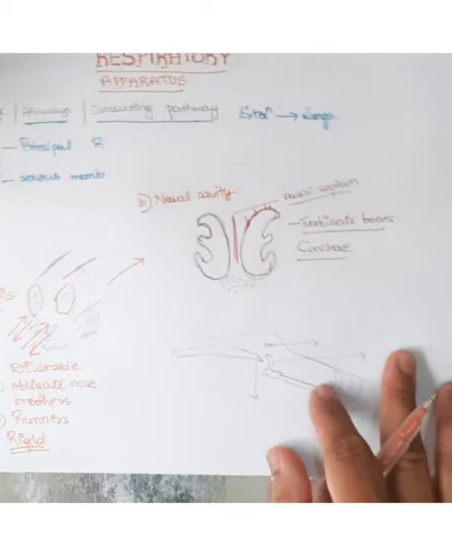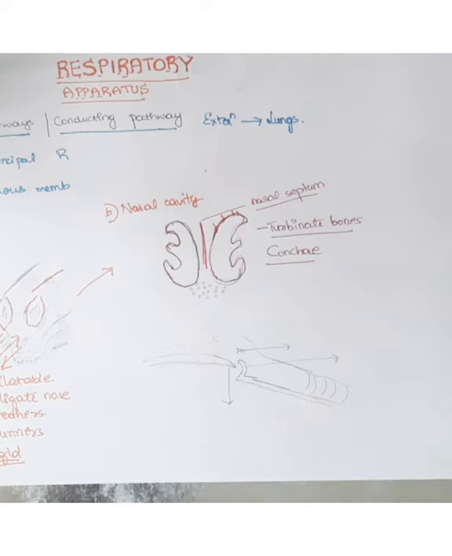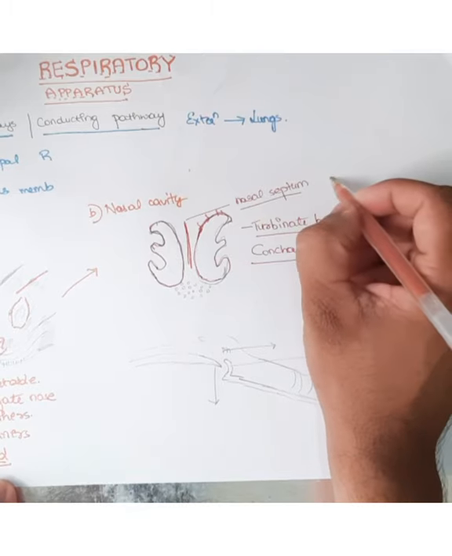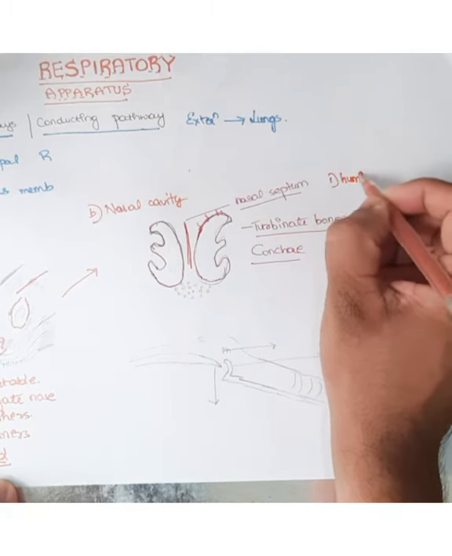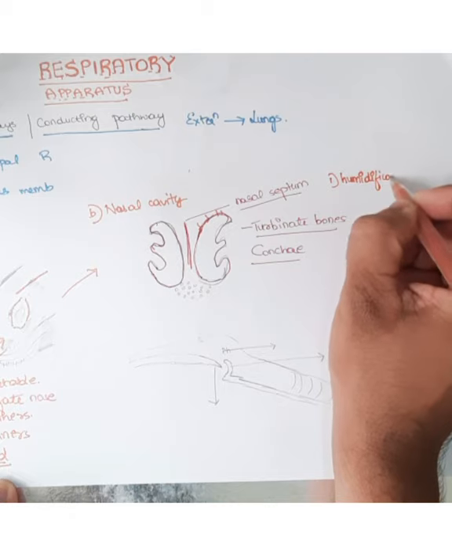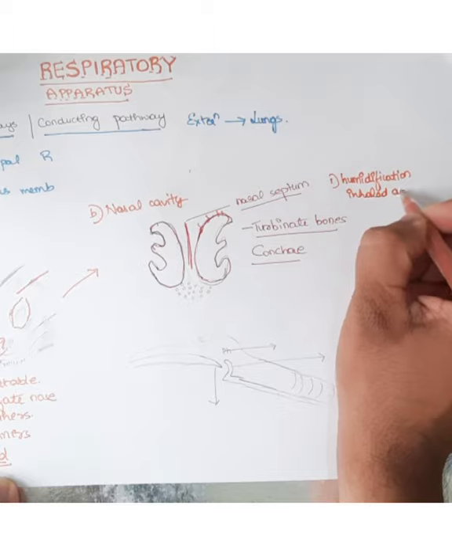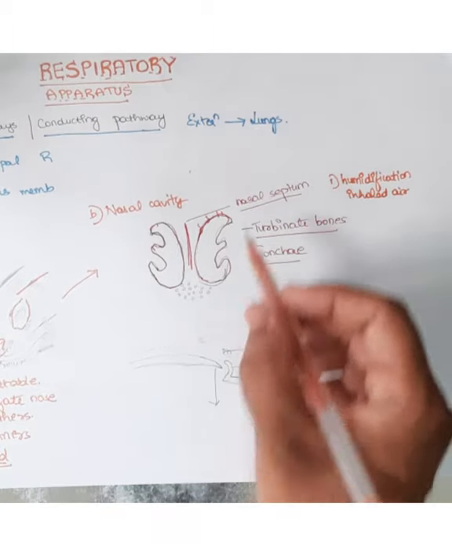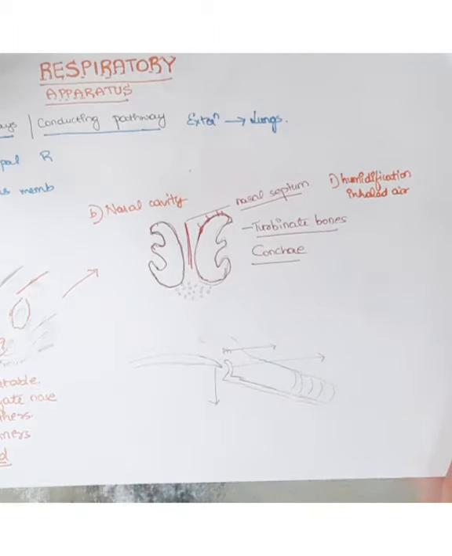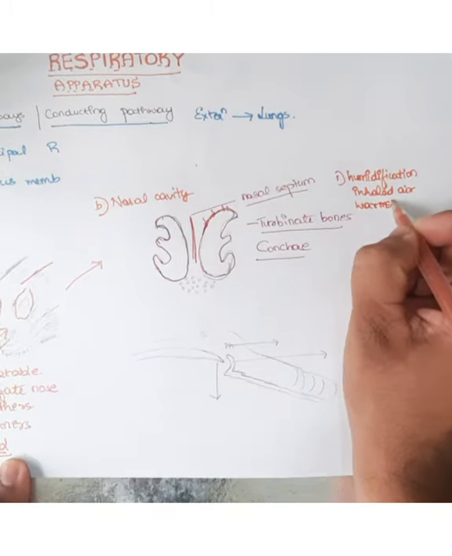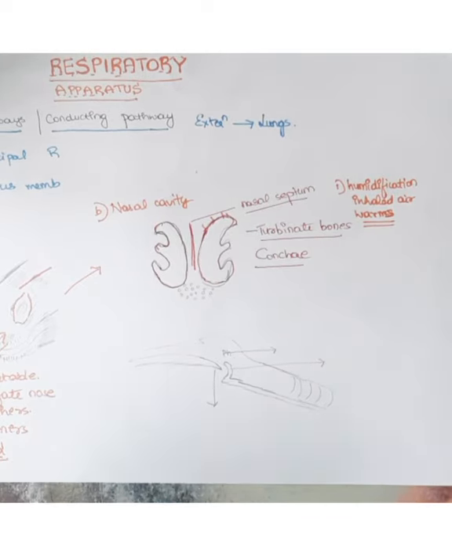Therefore, the turbinate bones, or the concha, number one, help in humidification of the inhaled air. During inspiration, whatever air goes in through the turbinate bones gets humidified, and therefore it warms the air that is being inhaled.